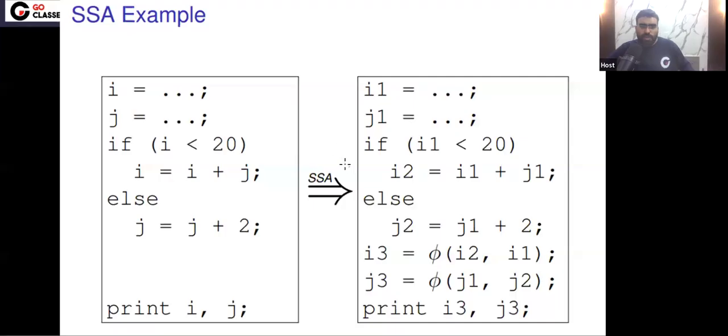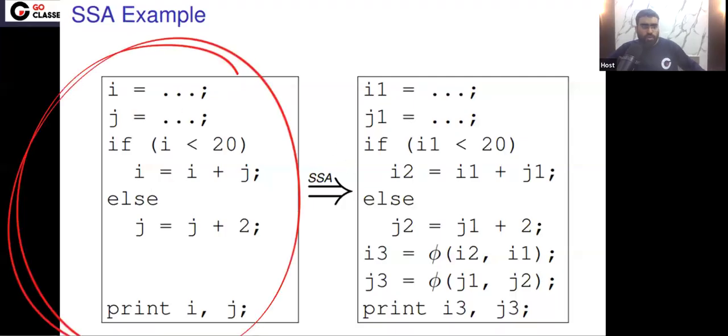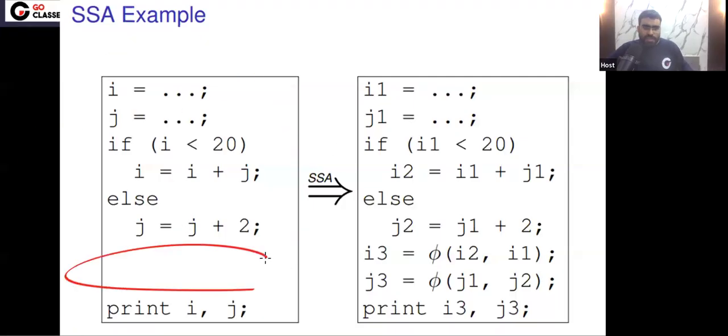This code you can convert into SSA. Basically, here you need to put Phi functions. You need to make it I1, J1, I2, J2. And then you can easily see here you need to put the Phi function. Here you put I1 and here I2.